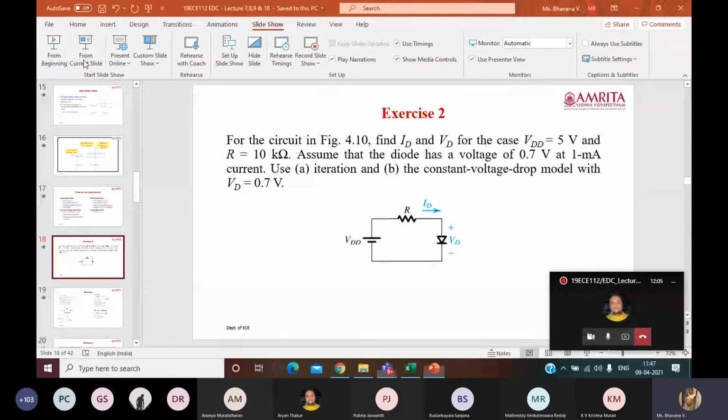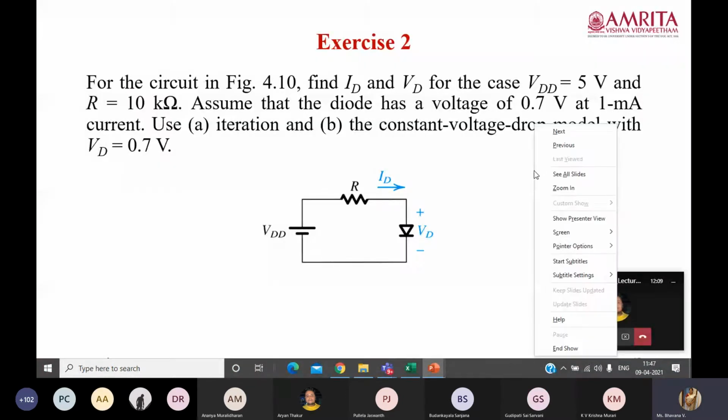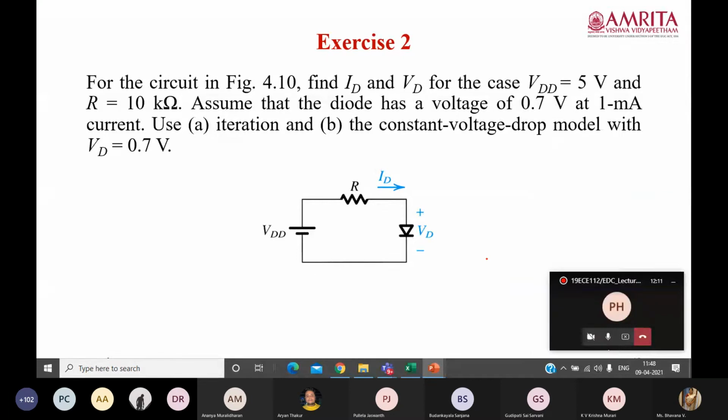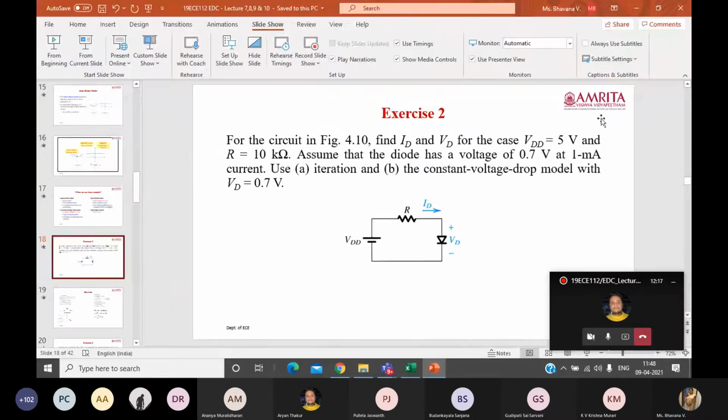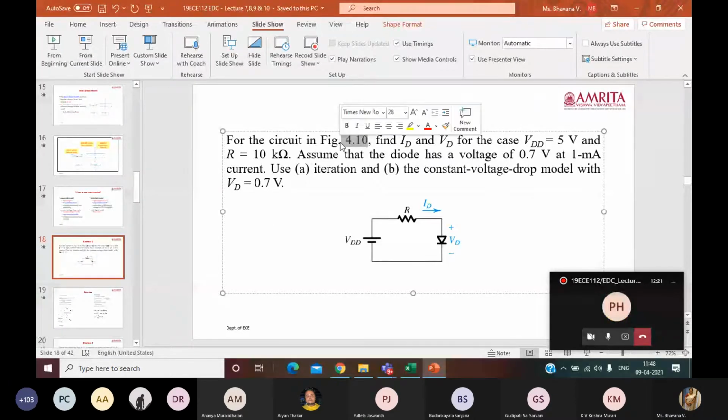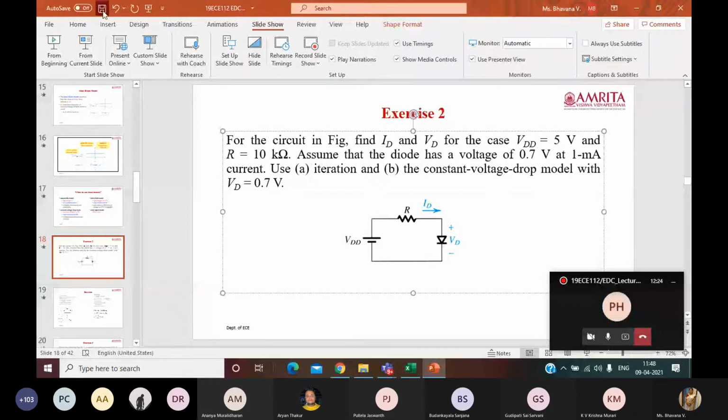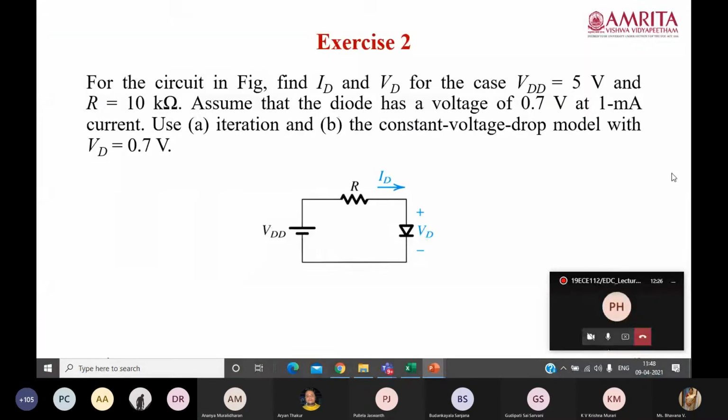Take down. For the circuit shown in figure, find ID and VD for the case VDD equal to 5 volt and R equal to 10 kilo ohm.